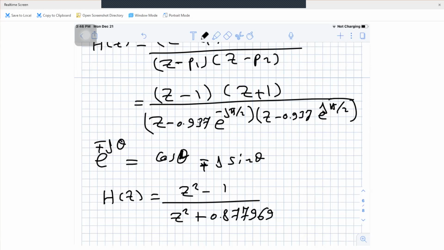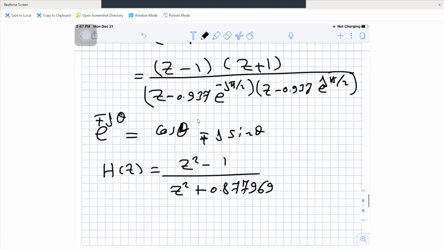Now, next step is what? Of course, I'm going to ask you about the difference equation of this filter. To obtain the difference equation of this filter, you have to express H of z in terms of negative exponents. So I'm going to multiply numerator and denominator by z to the minus 2.